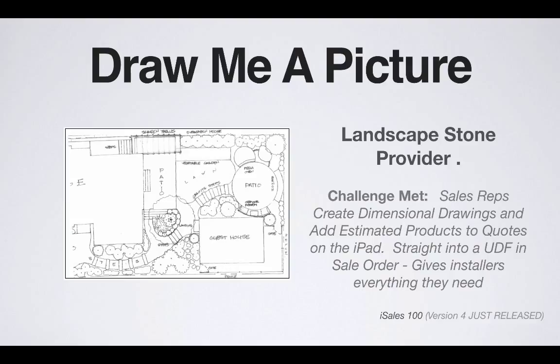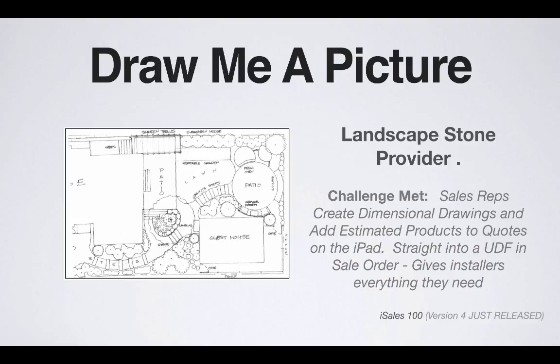Here's a profile of a company that provides stone for landscaping environments, and they have sales reps that are all throughout the U.S. It's about a 10 or 12 person sales force, and they use Sage 100. The prior process in their sales always starts with a quote.